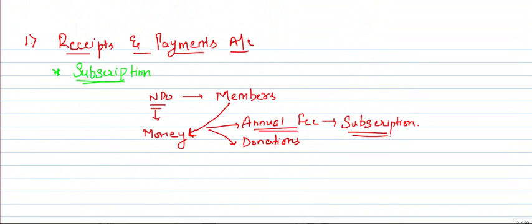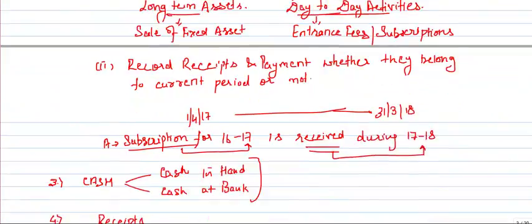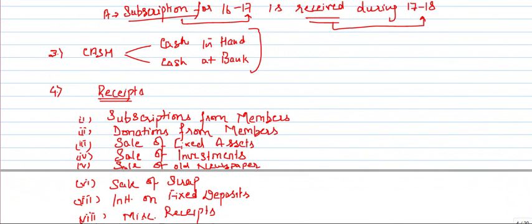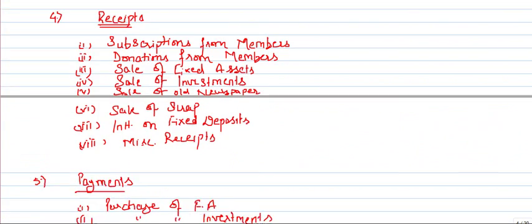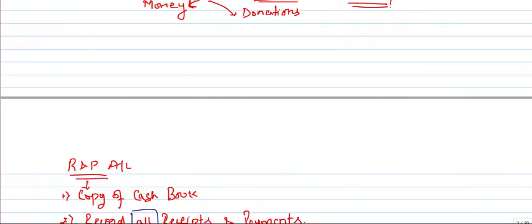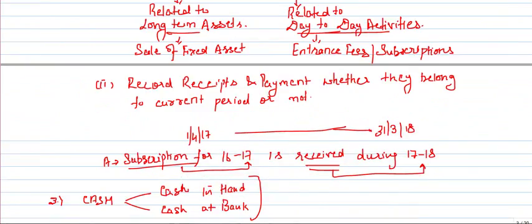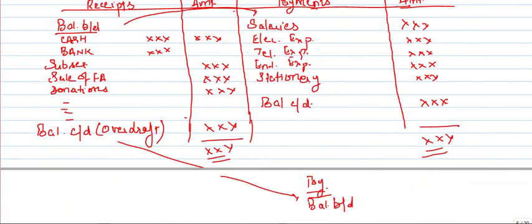I hope receipts and payment is clear, that why we are preparing the receipts and payment account. It has been given that you have to prepare the receipt and payment account in case of the non-profit organization. They say you have to prepare three things: receipts and payment account, income and expenditure account, and balance sheet. Now what we discussed, we have discussed the receipts and payment account.